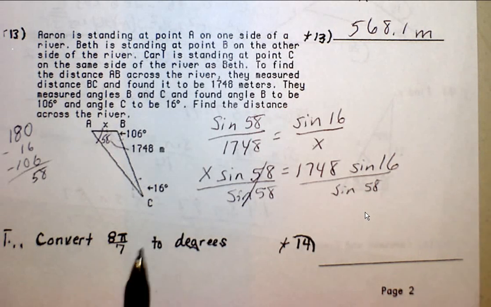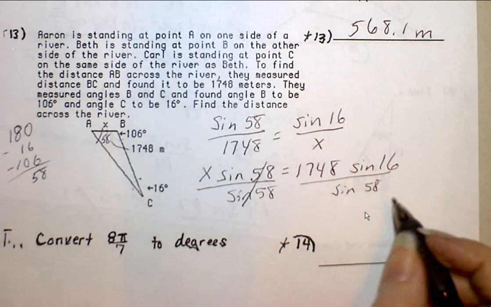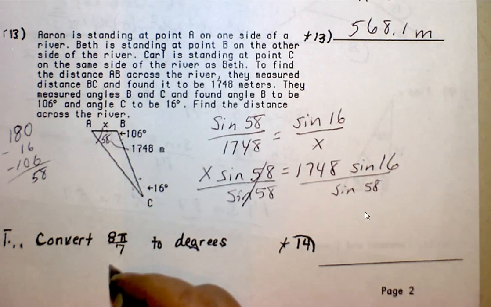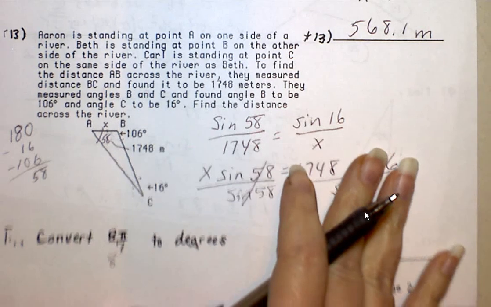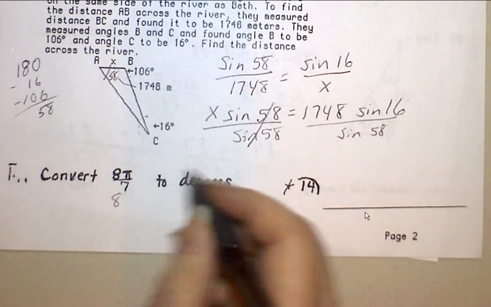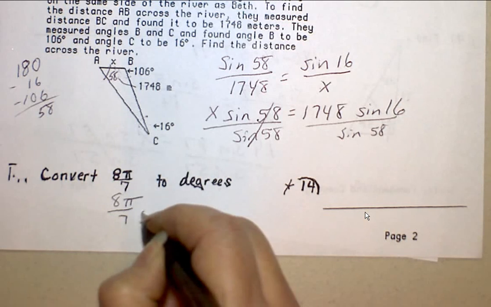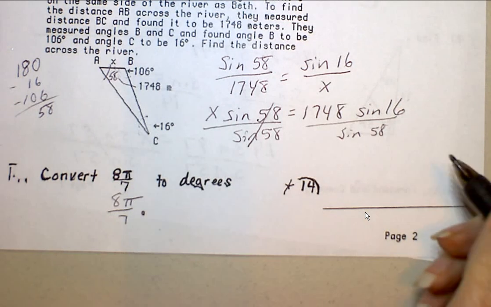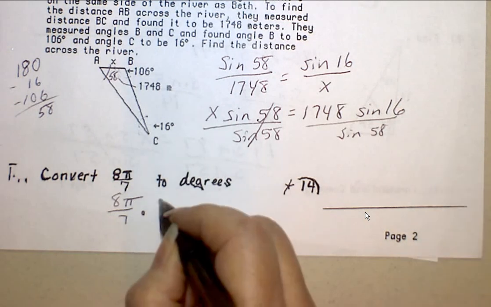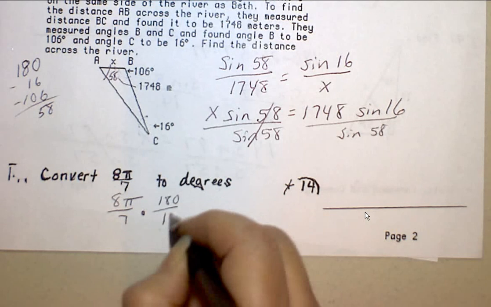Convert 8 pi over 7 to degrees. So the first thing we're going to do is take 8 pi over 7, and I'm going to multiply that by what? Yeah, 180 over pi.